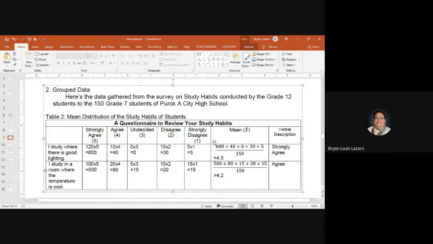So sasabihin mo ngayon na majority of the students or the mean of the first item is 4.5, which is equivalent to strongly agree. So ibig sabihin, majority of the students study where there is good lighting, in a place which has good lighting. Nakukuha ko? Opo.